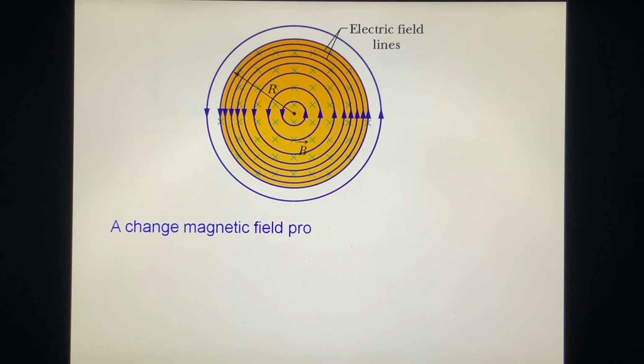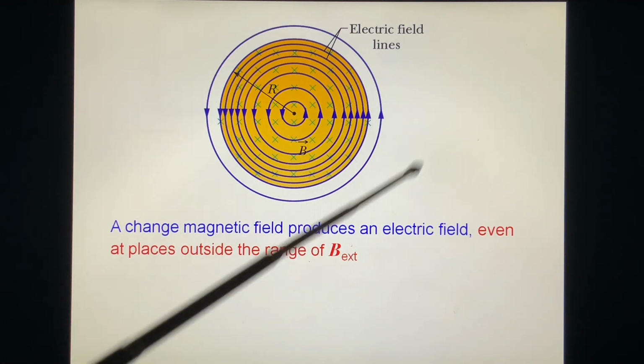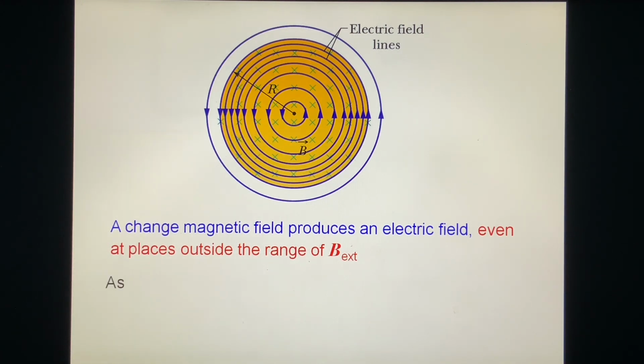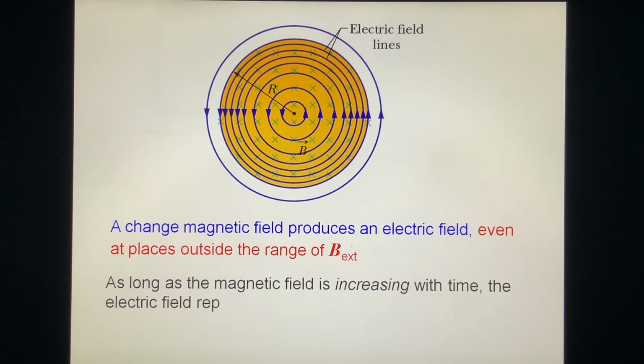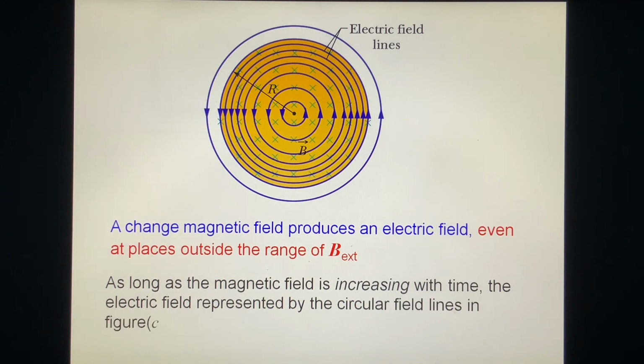A changing magnetic field produces an electric field even at places outside the range of B external. As long as the magnetic field is increasing with time, the electric field represented by the circle line in the figure will be present. I will prove it.